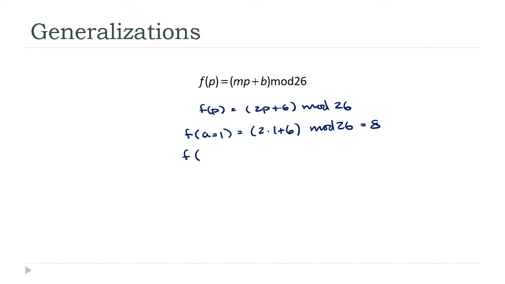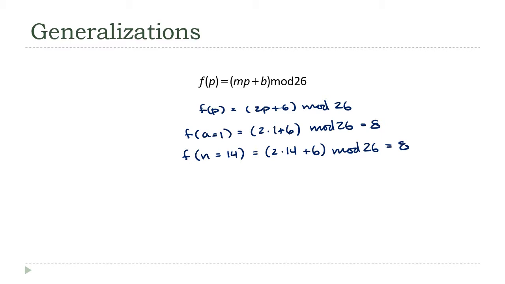Now suppose we look at N. N is the 14th letter. 2 times 14 plus 6 modulo 26 is also 8. So this isn't a problem for the encoding process. We could replace both A and N with, I had to count them up, H, right?